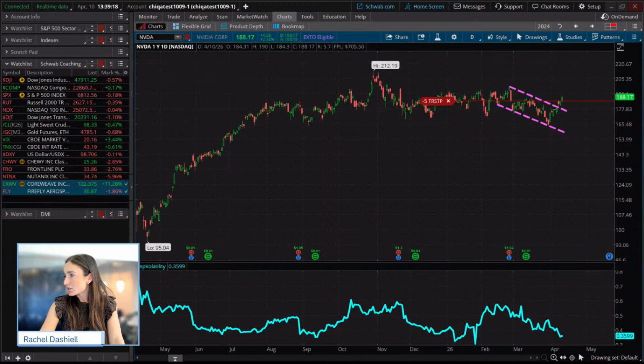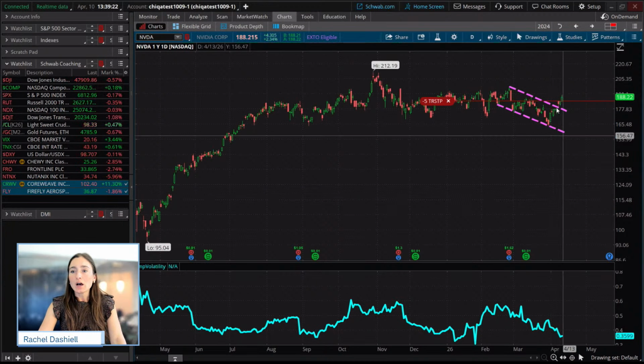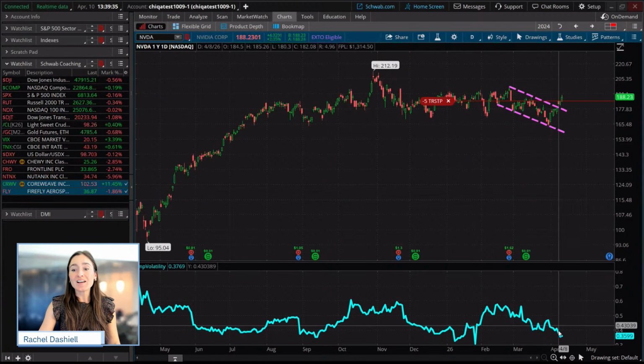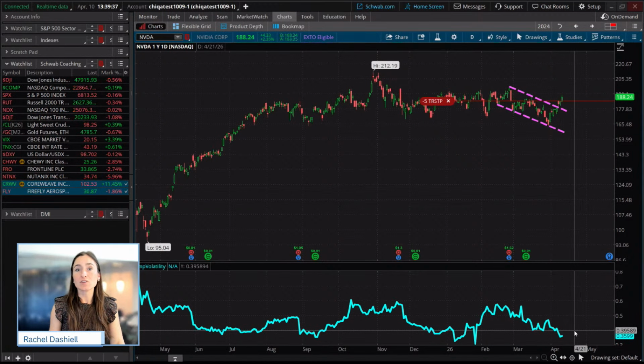Now, I had another question. Could I use this for selling puts? Now, selling puts is a bullish to neutral strategy. So a technical setup like this could favor selling puts, but the thing that you have to keep in mind is we are at very, very low levels of volatility.